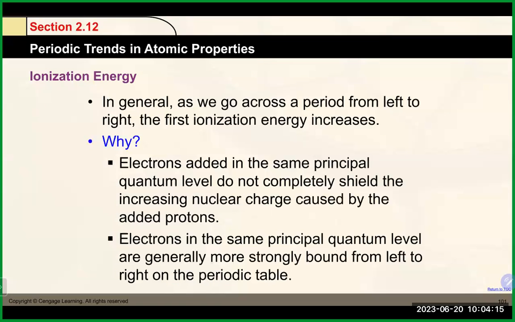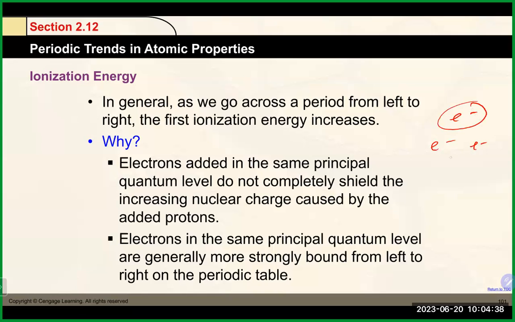So in general, as we go across a period from left to right, the first ionization energy increases. And again, what happens is electrons in the same principal quantum number do not completely shield one another from their nuclear charge. So in terms of shielding, we have, for example, the lithium one that we were looking at.